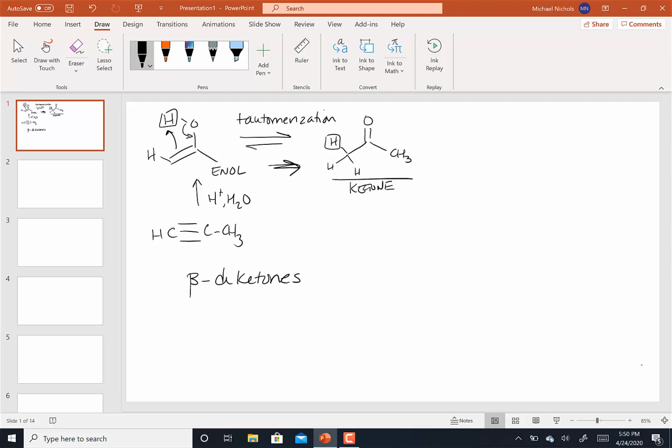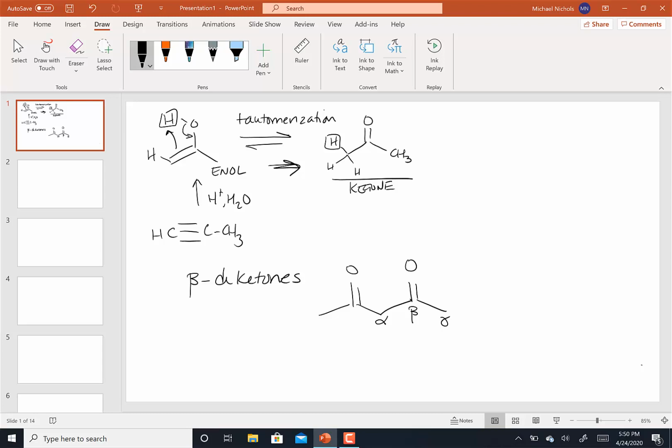So let's take a look at a simple beta diketone, including what it means to be a beta diketone. If we start off with the carbonyl, remember the alpha carbon is the one attached to the carbonyl, and then we go down the line: beta, gamma, delta, and so on.